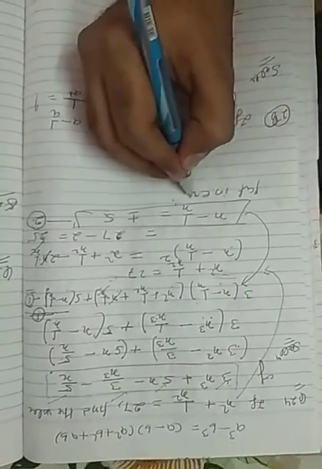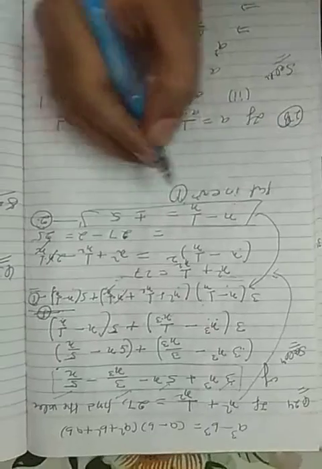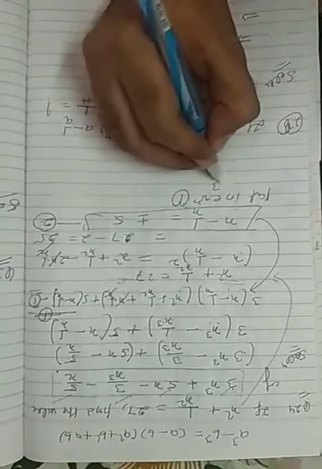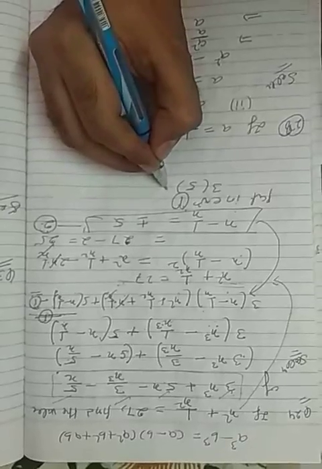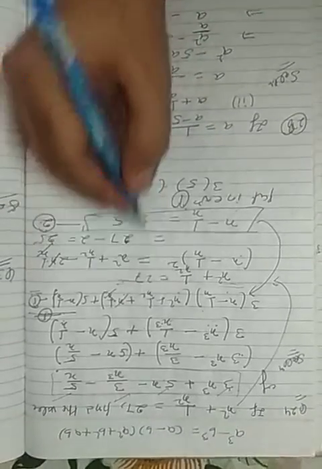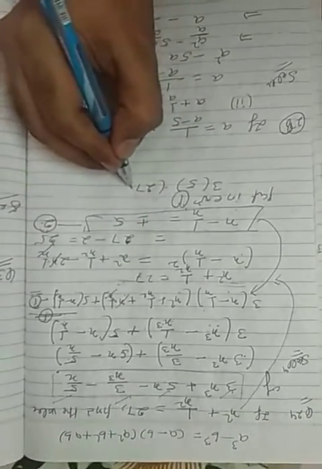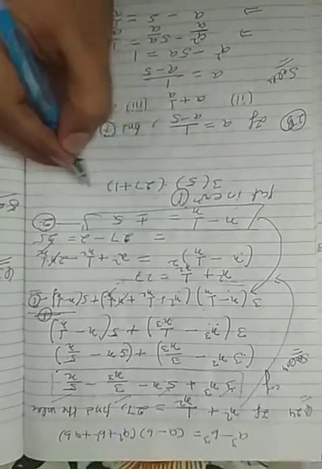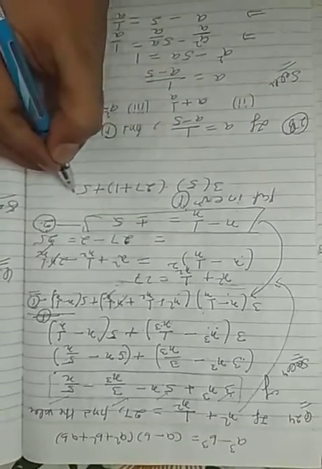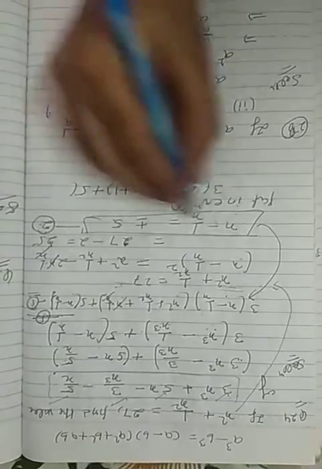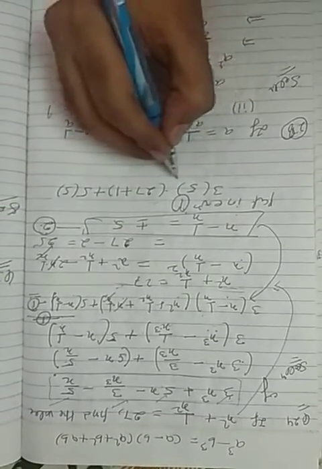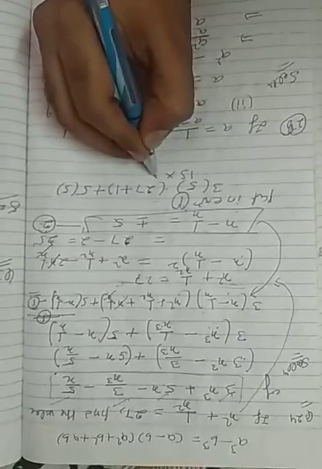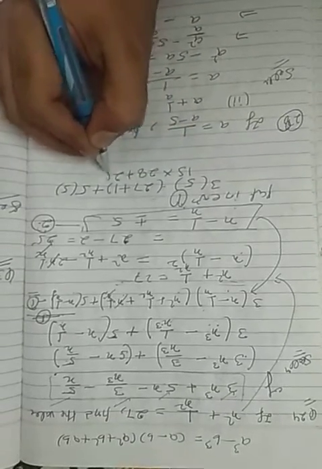Okay, so we take this value and put this in equation number 1. So we have 3 into 5 with positive sign, and second bracket x square plus 1 by x square, already given is 27, plus 1, and plus 5, x minus 1 upon x with positive value 5, so 15, and that will be 15 into 28 plus 25.